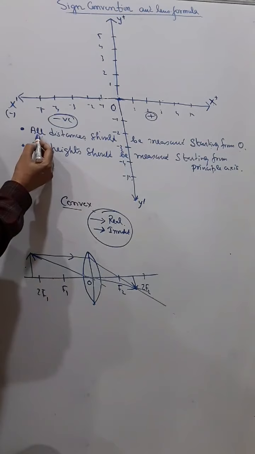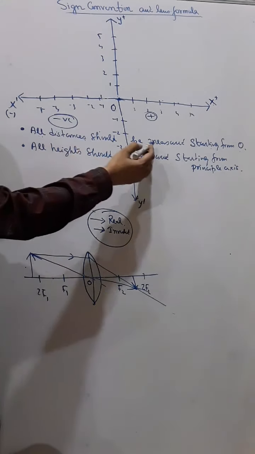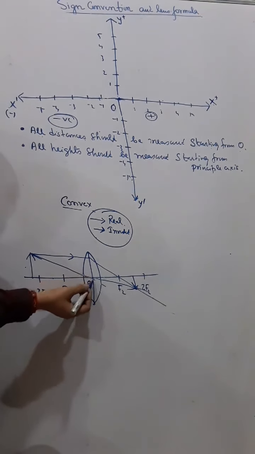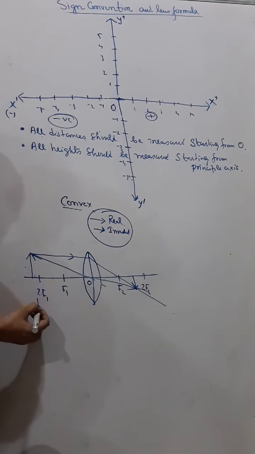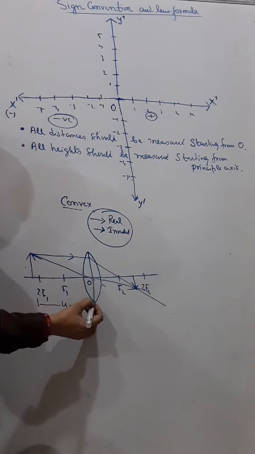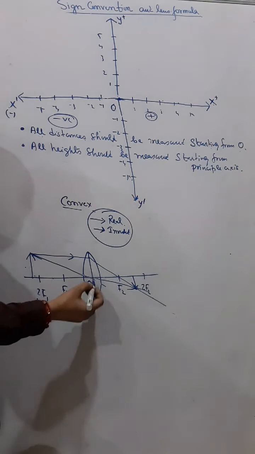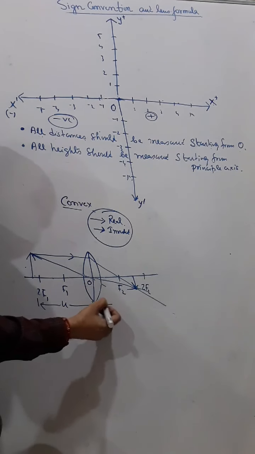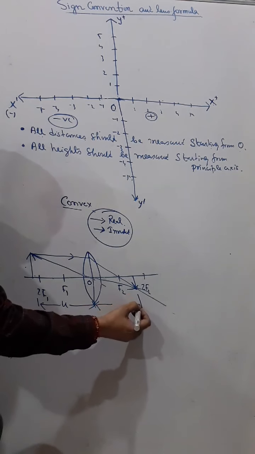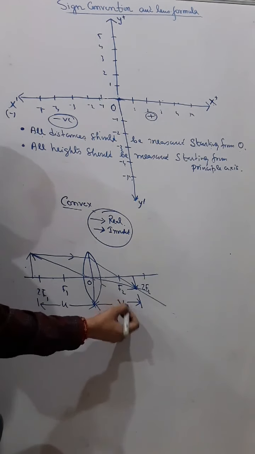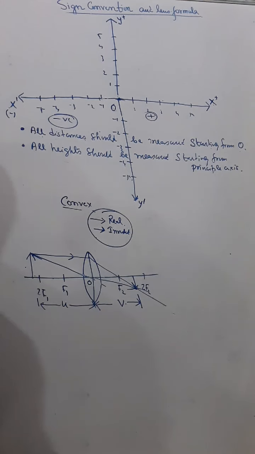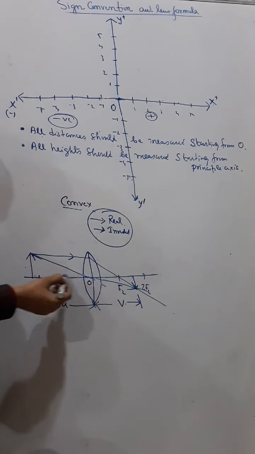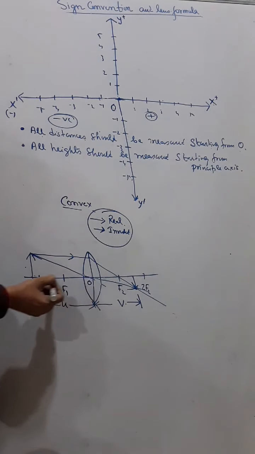I have already told you before that all distance should be measured starting from O. So this is the object, so this distance from O to this is the object distance, so this is U, and from O to this, so this is the image distance, so this is V. So you can understand, if I start from O and then measure the object distance, then from O I am going left side.